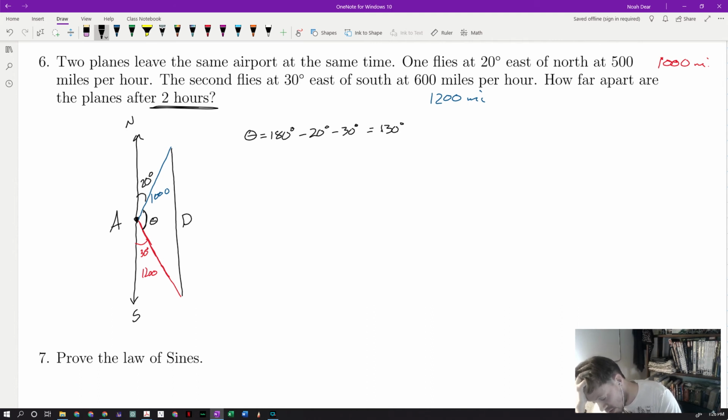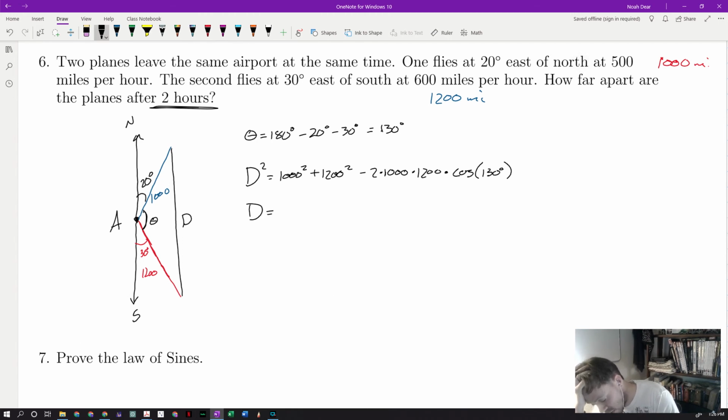So I want to use the law of cosines that uses that angle. I don't have a side and angle across from each other in this. So I'll say d squared equals 1,000 squared plus 1,200 squared minus 2 times 1,000 times 1,200 times the cosine of 130 degrees.